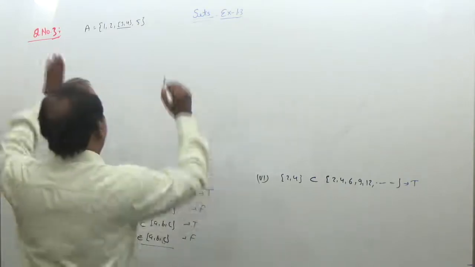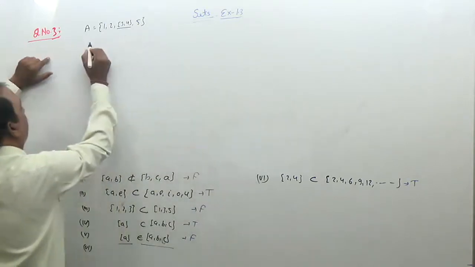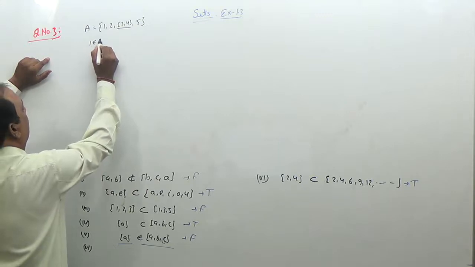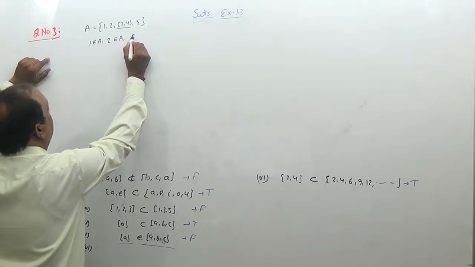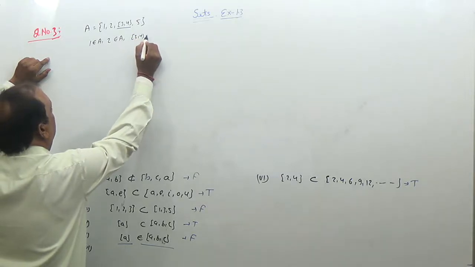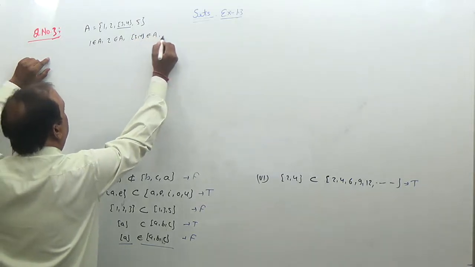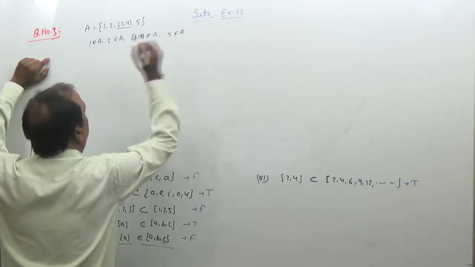So if we analyze this question, we can say that 1 belongs to A, 2 belongs to A, and 3, 4 belongs to A, and 5 belongs to A.